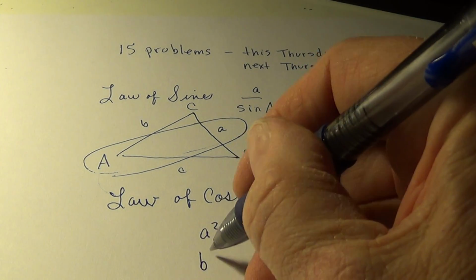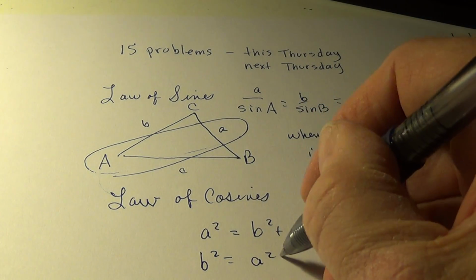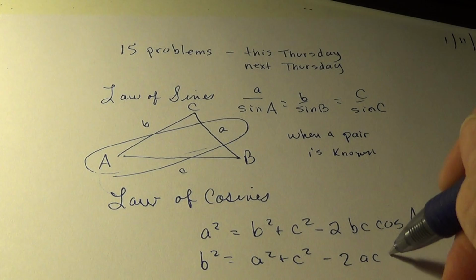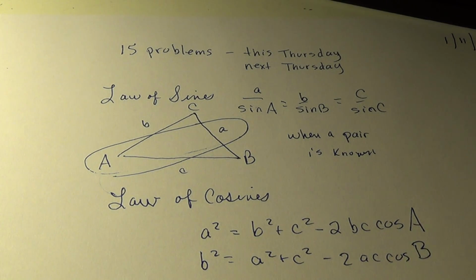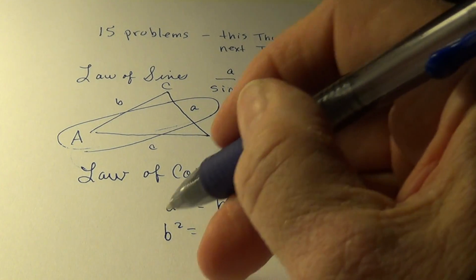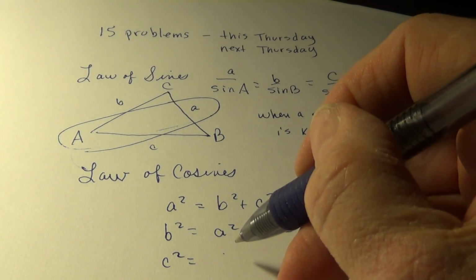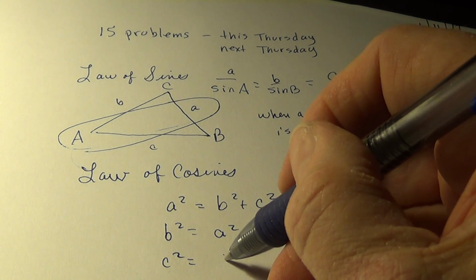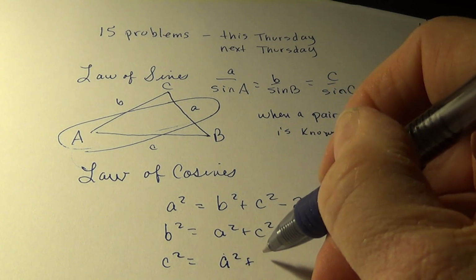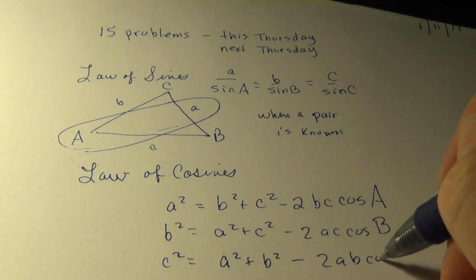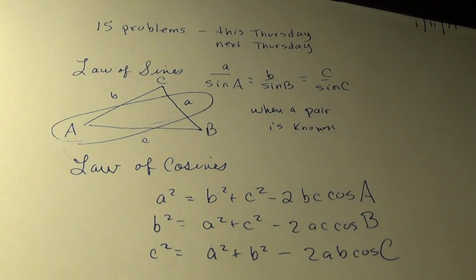We could have b squared by itself, that would leave a and c on this side, cosine big B. And the last form, there we go.